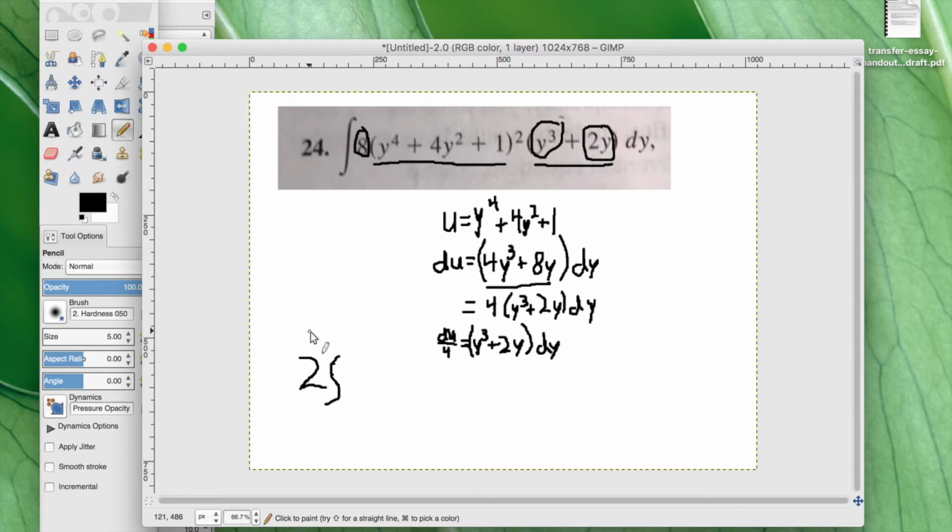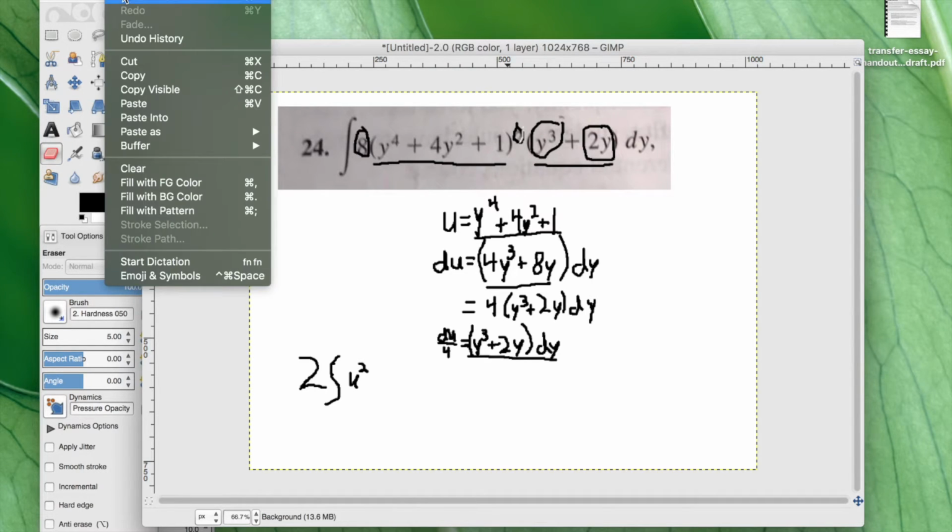Then we're going to take what we substituted in for u, y to the 4th plus 4y squared plus 1, and call it u. And as you'll see, we substituted du over 4 as y cubed plus 2y dy. Now don't forget this square over here. We have to square u, so u squared. Okay, that's not what I meant to do.